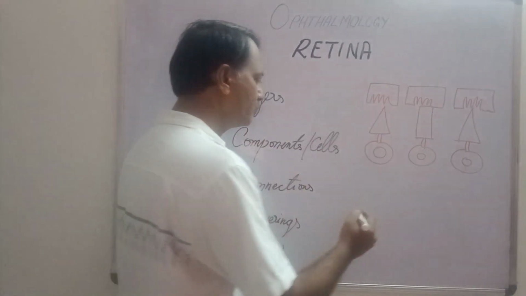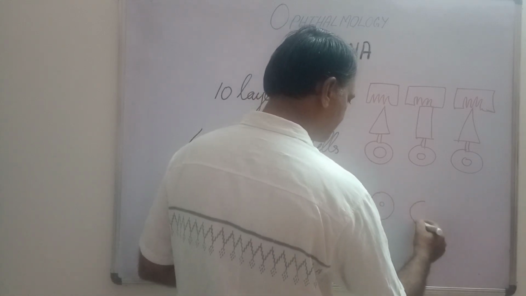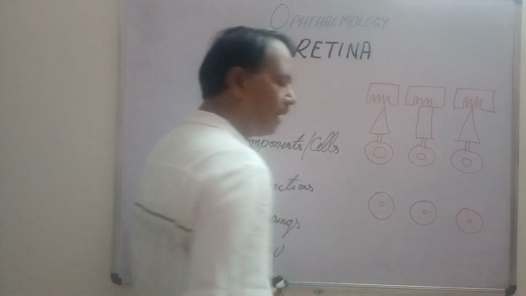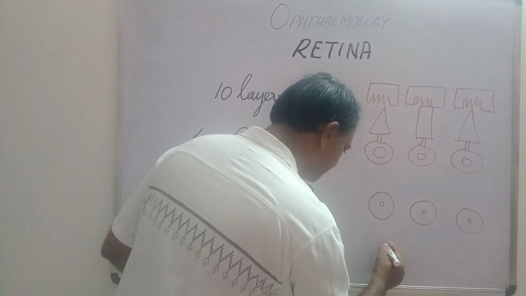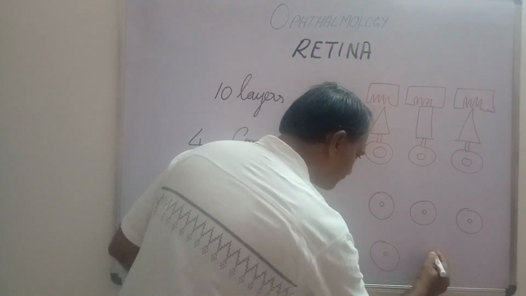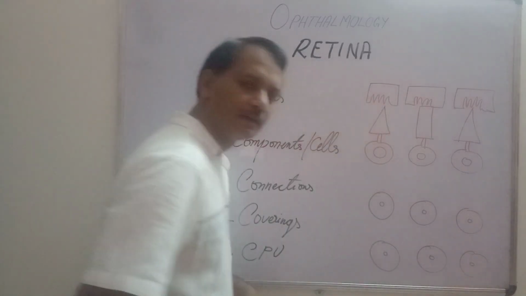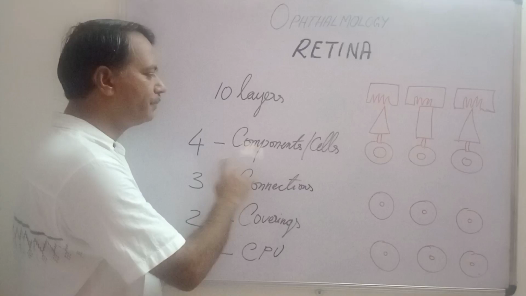The third cell I am going to draw is bipolar cells. The fourth cell is the ganglion cells.